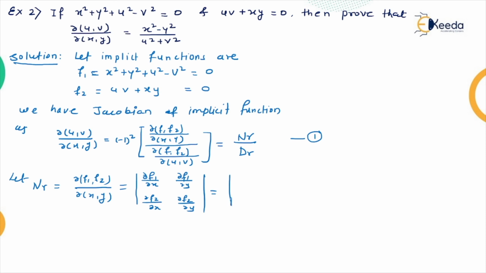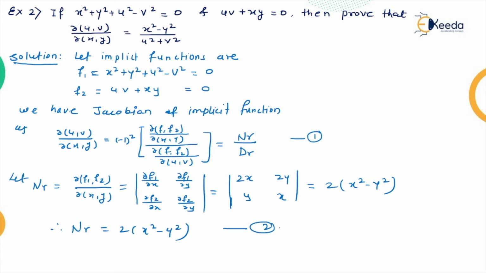I am writing the partial differentiation directly in this determinant. Del f1 by del x is 2x, del f1 by del y is 2y, del f2 by del x is y, and del f2 by del y is x. Calculating this, we get 2 in bracket x square minus y square. So the numerator becomes 2 in bracket x square minus y square. I hope you understand this. For consideration, we call this equation number 2.